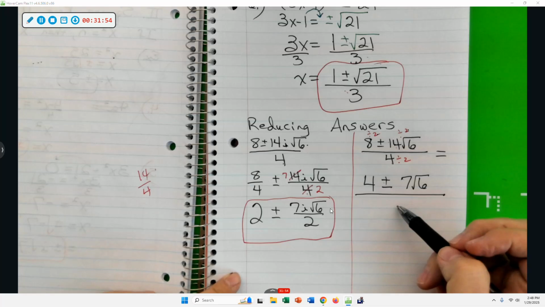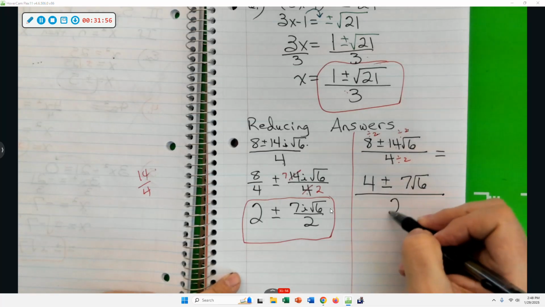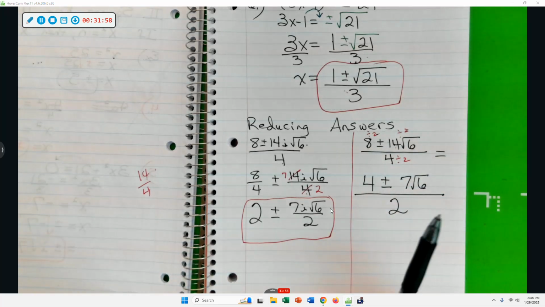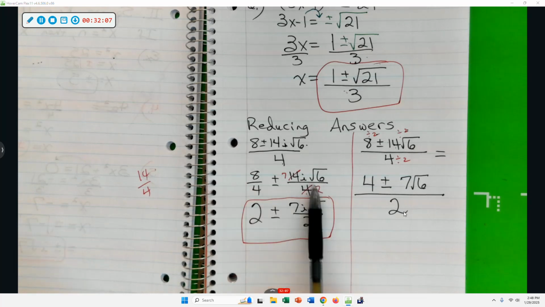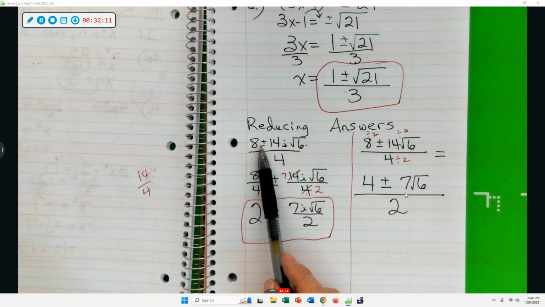What's my denominator going to be? 2. And don't start going cancellation crazy. You can't cancel over those plus minuses. You can't cancel over addition or subtraction. That's why we split up, because you can't cancel over addition, subtraction.